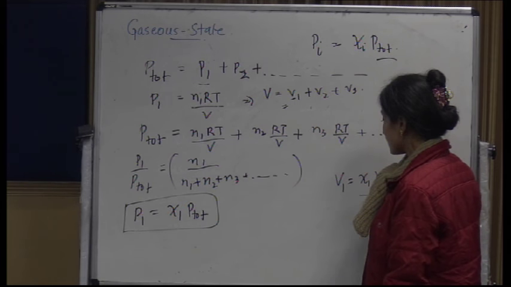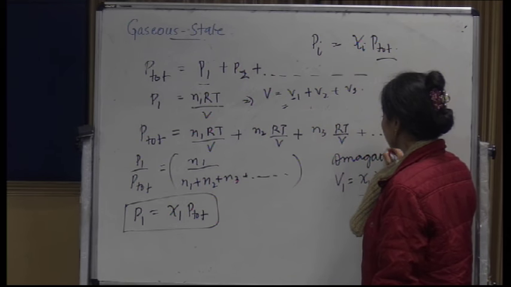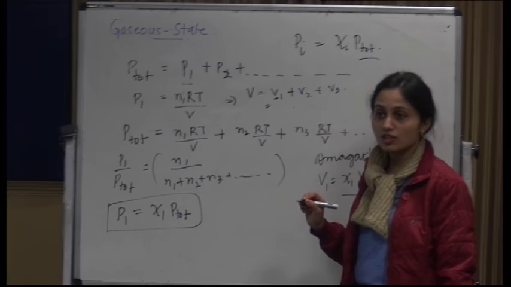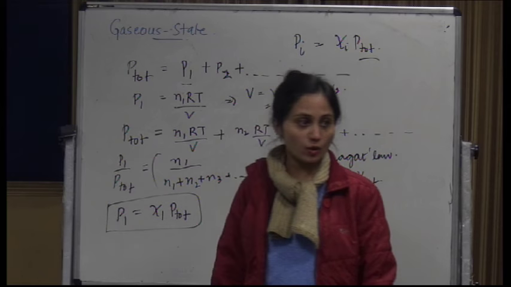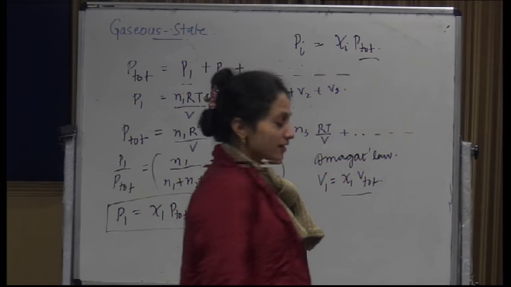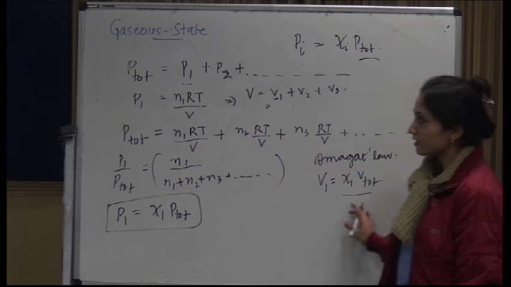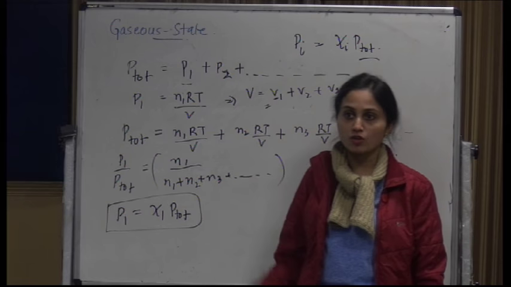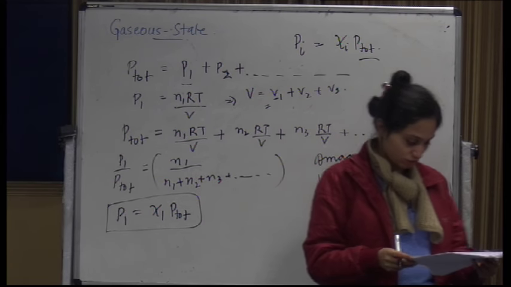This is known as Amagat's law, A-M-A-G-A-T, named after the scientist. So Amagat's law of volumes, where V1 equals chi1 into V total, is a consequence of Dalton's law only, because we used Dalton's law, substituted the values, and finally arrived at this expression.